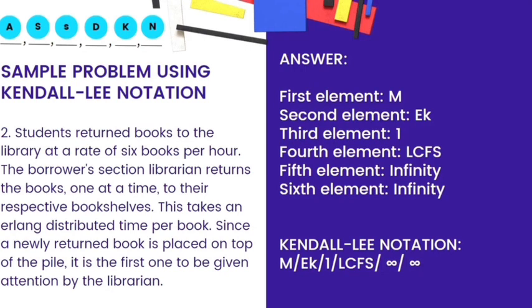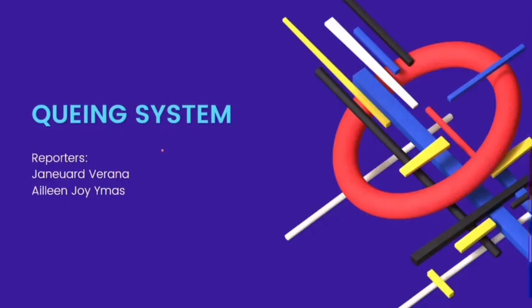Hence, we use LCFS. For the fifth element, we have infinity because there is no restriction in returning books, and for the last element, we also have infinity. The Kendall-Lee notation for this is summarized as M/E sub k/1/LCFS/infinity/infinity. That's all for my report, and for the continuation of this topic, the next reporter will be Miss Imas.